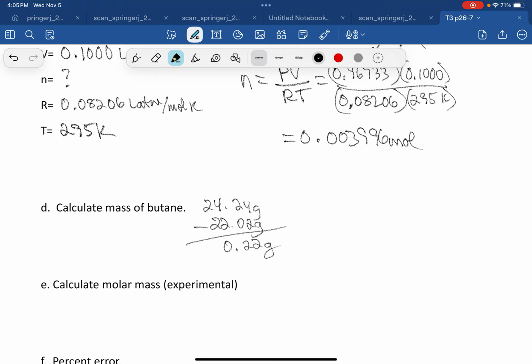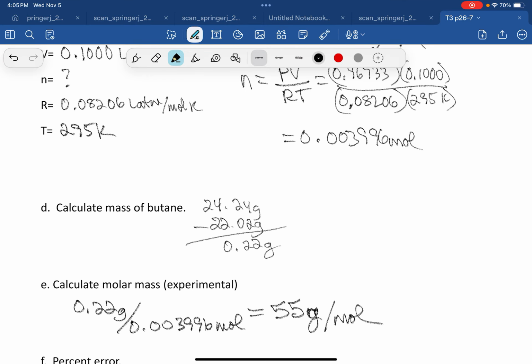And to find the molar mass, then, we're going to take the mass in grams divided by the number of moles. And we should get something around 55 grams per mole.